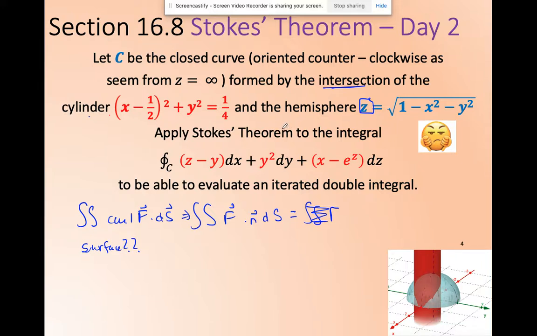So check this out. Let's do our curl work first. And where is my vector field?